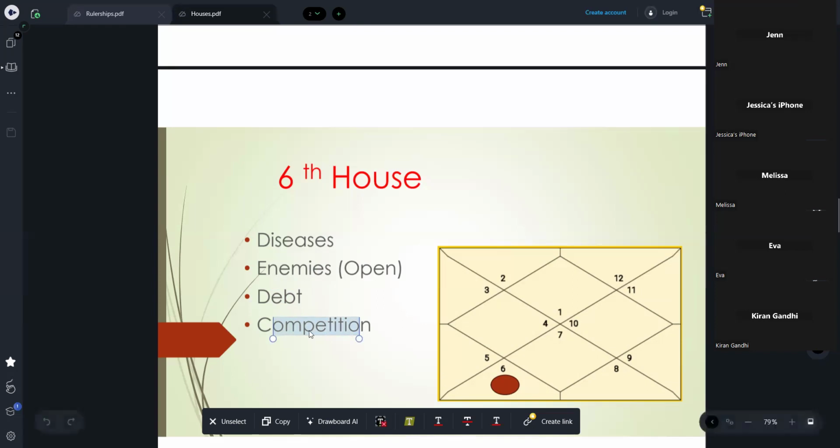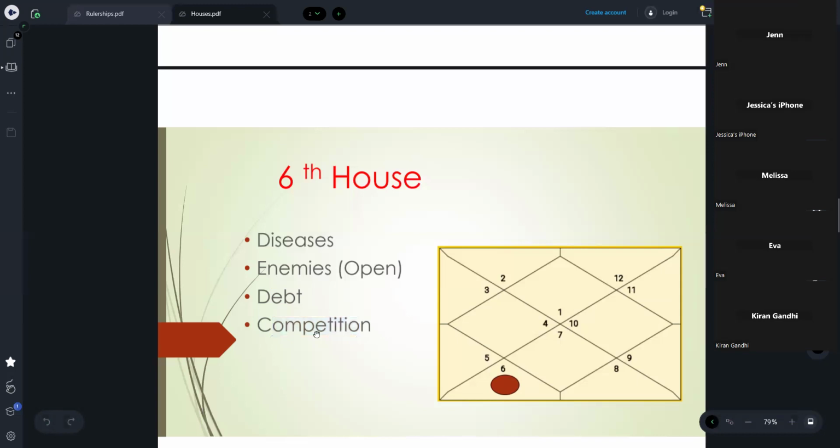Depending on whether this house is afflicted or sitting in a good position, it will tell you how competitive this person is, what his strength is, and his ability to take on competition.